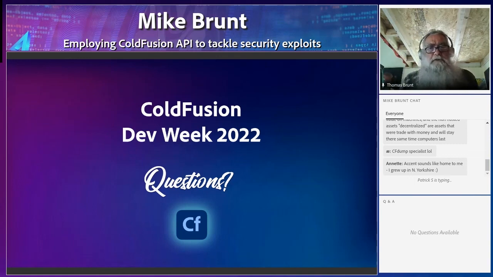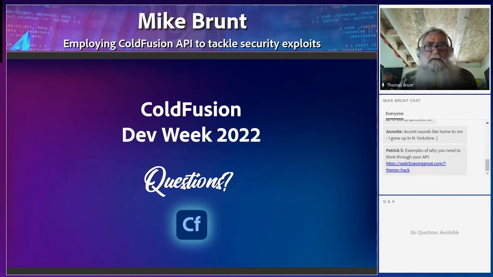I did mention something that's really important, and I'll find a way to share information about it. Inside CF admin, in debugging and logging, there's a setting called metrics logging. It's not on by default, and there's reasons for that because it's got to be set up. You couldn't do it out of the box.